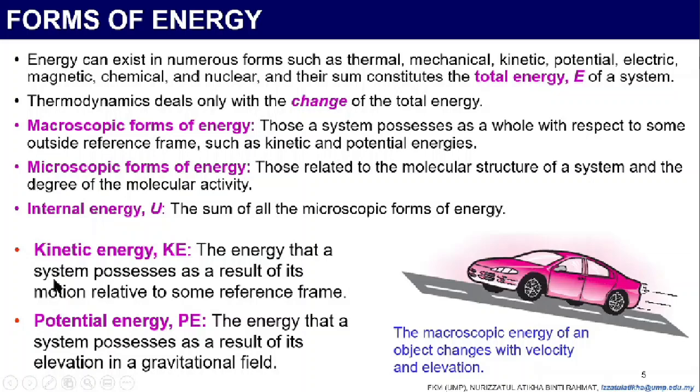Kinetic energy is the energy that a system possesses as a result of its motion relative to some reference frame, while potential energy is the energy that a system possesses as a result of its elevation in a gravitational field. For example, this car. The macroscopic energy of an object changes with velocity and elevation.